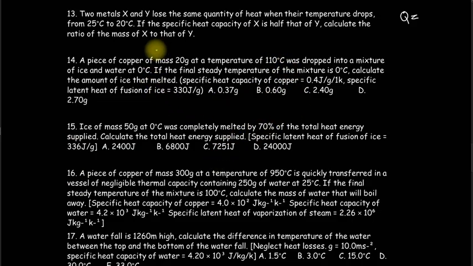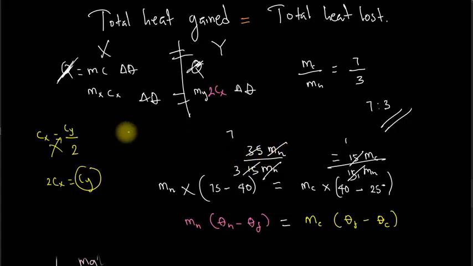So what are they asking us to look for? Ratio of the masses of X to that of Y, so Mx over My. How do we find Mx over My? First of all, the change of temperature is the same for both as well, so we cancel it out. Then we have 2MyCx left, and we're looking for Mx over My.